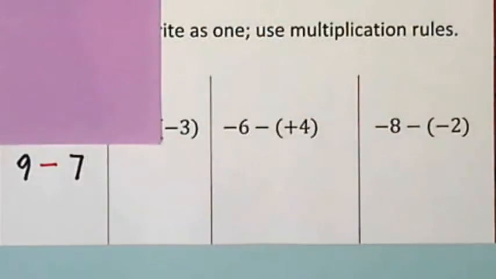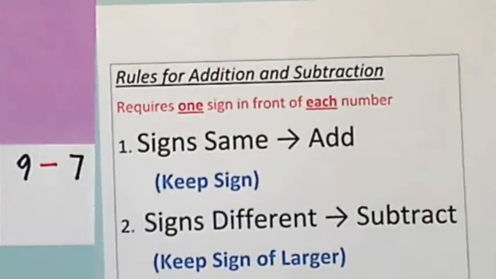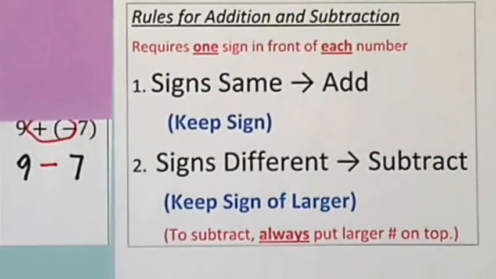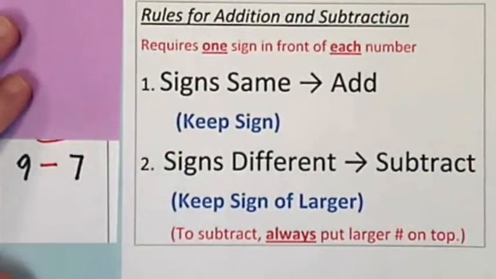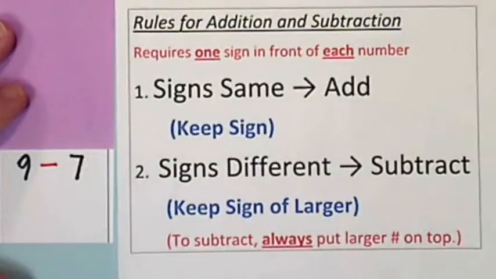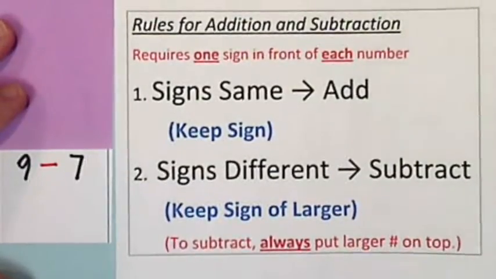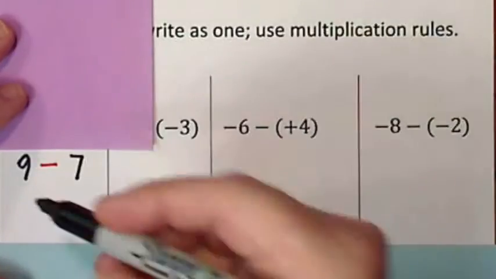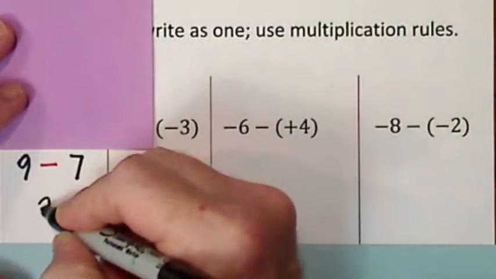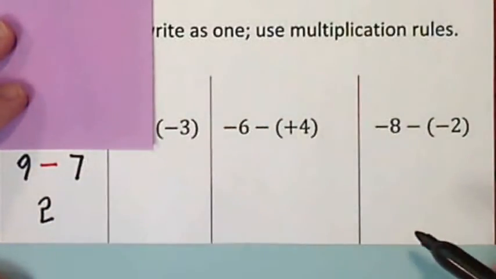You don't ever have to look at it again. Now you refer back to the rules for addition and subtraction. Let's cover that. Signs are different. You subtract, keep the sign of the larger. And that's the answer.